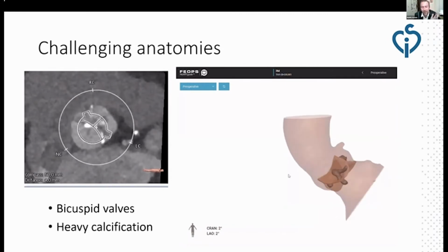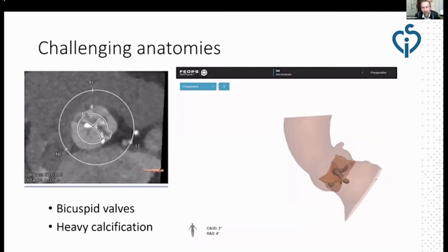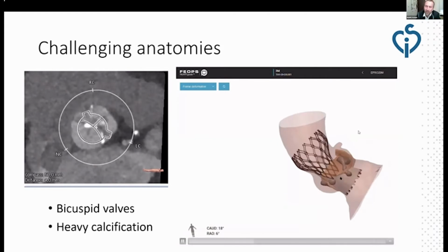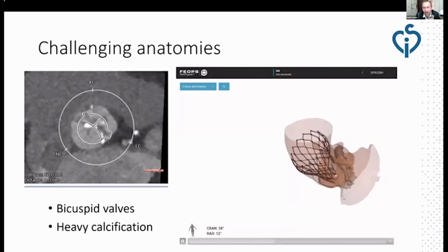And for us, looking at a bicuspid on a patient-specific computer simulation is sometimes very helpful. For example, just looking at the plain CT images, I was thinking that was a type 0, but if you look at the simulation here, you can see that there's an LR raphe and a heavy calcification of the other cusp.